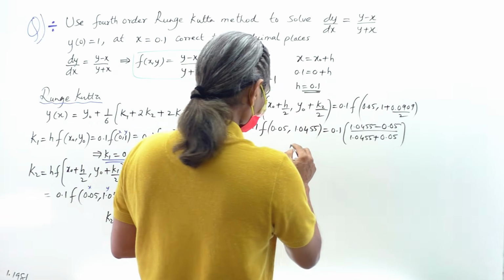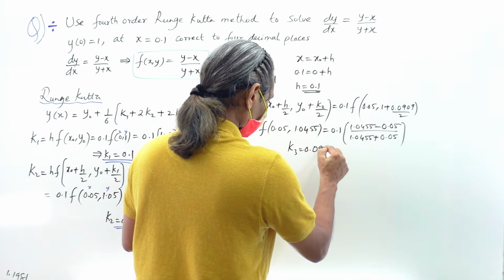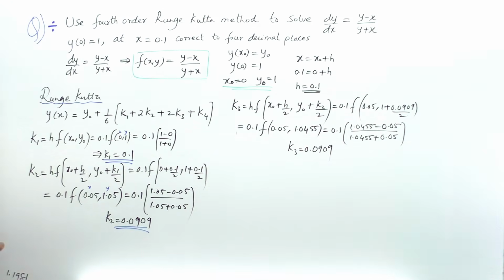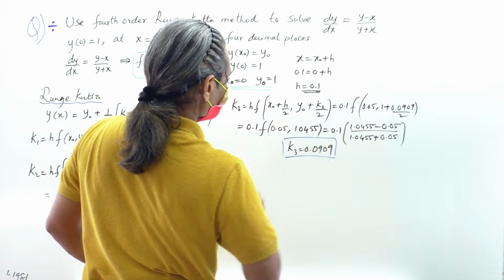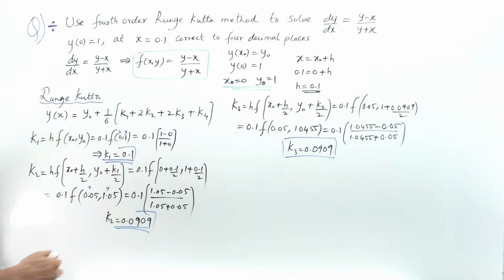Again the same, so K3 is equal to 0.0909. We are getting the same value here, so I'll underline it. So K3 is also equal to 0.0909. Okay, so I found all these values, K1, K2, K3. Lastly I have to find K4.